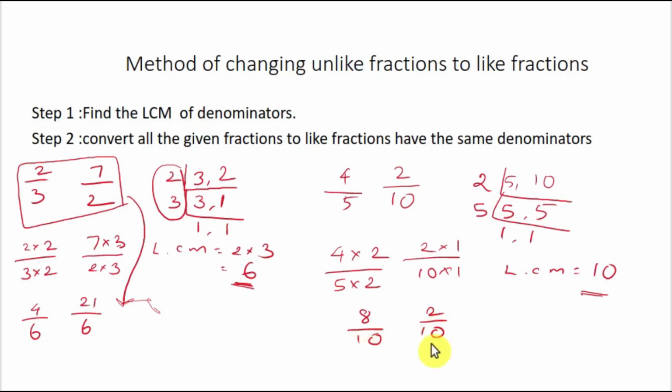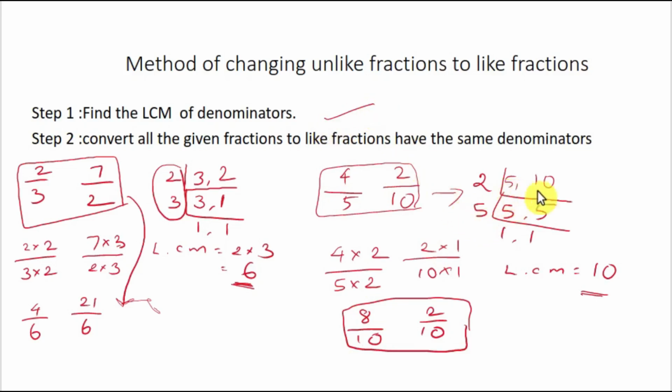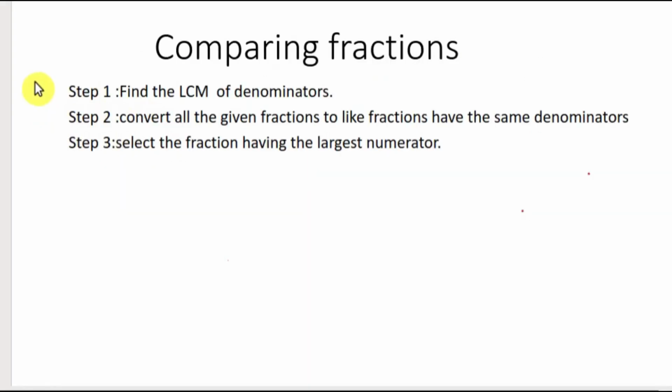But the denominators are same. This is a like fraction. I told you this was an unlike fraction. First, we have to find the LCM of denominators 5 and 10. I got the LCM 10. Then we convert this unlike fraction to like.